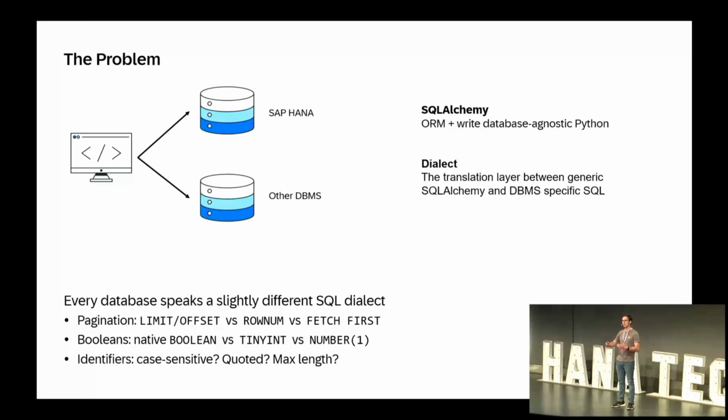SQL Alchemy is the go-to project for database access and SQL generation within Python. There are basically 3 features or use cases where you use SQL Alchemy. There are countless more, but let's just use these 3 as an example. First, I already said that you don't want to write plain SQL inside of your application. The next one is you don't want to deal with accessing rows and columns by indexes or by string indices. You want to use classes, right? You want to use class instances and attributes.